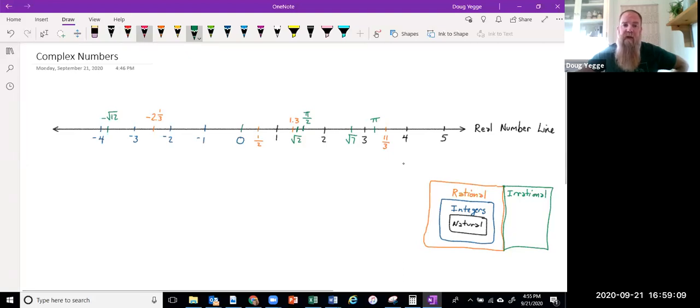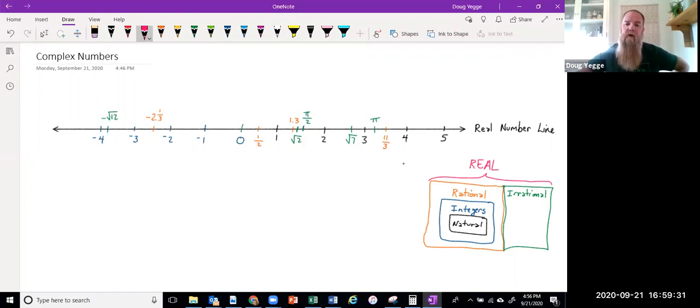But if you take a look at all of these numbers together, notice that every single one of them was able to be placed in between other values on the real number line. So these are all real numbers because they exist. And I'm going to put those in quotes. They exist in quotes.